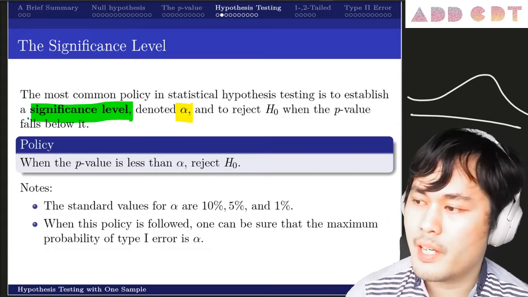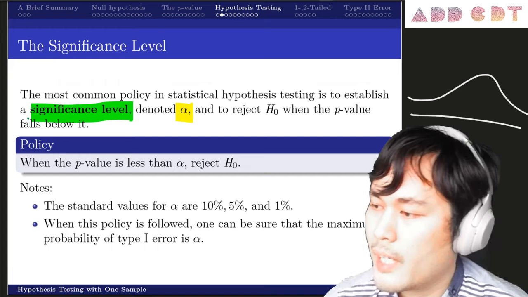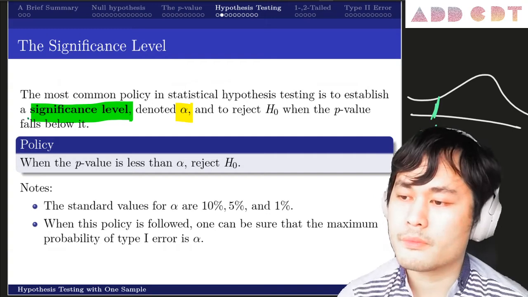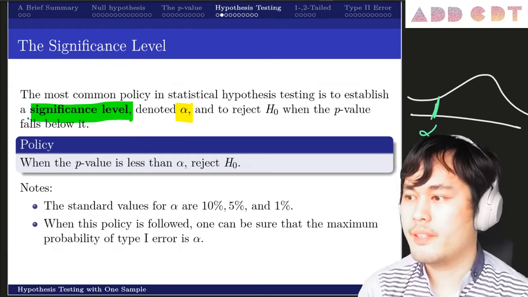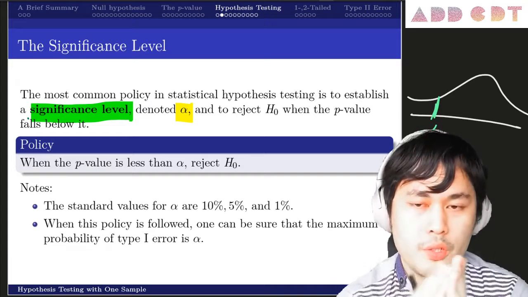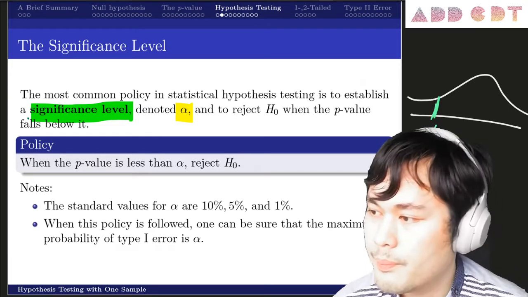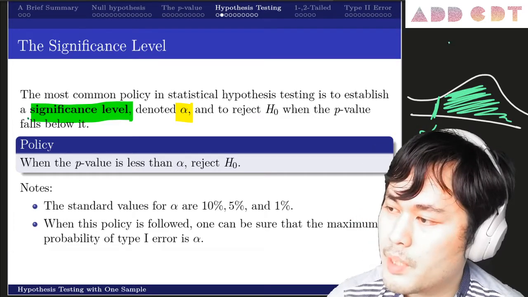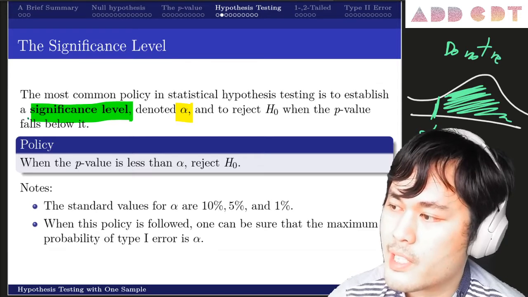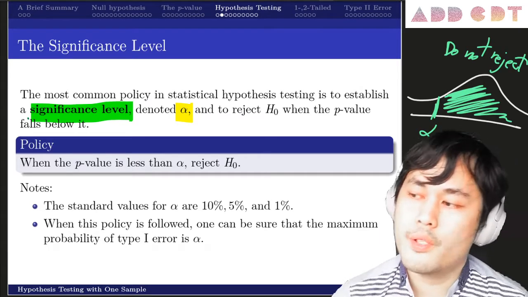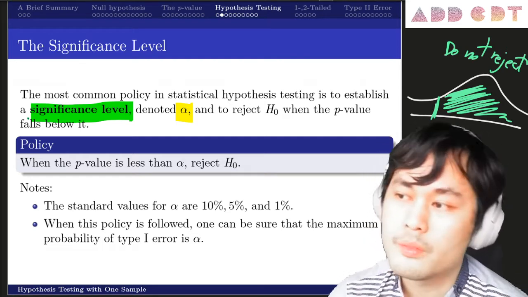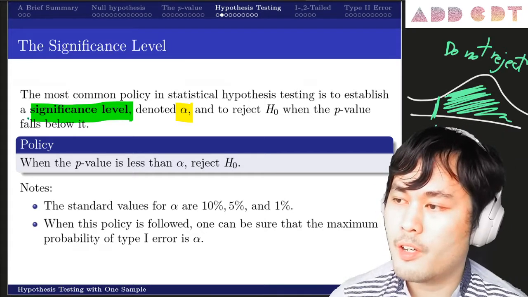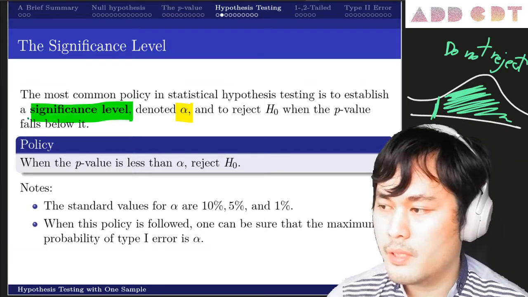If we have this bell curve on the right, we put a gauge here somewhere with the value alpha, and that gauge will divide the region into 2 areas. The area on one side is the part where we would not reject, so we still hold on to our belief that H0, the null hypothesis, is still true, if the sample we get falls in this area.